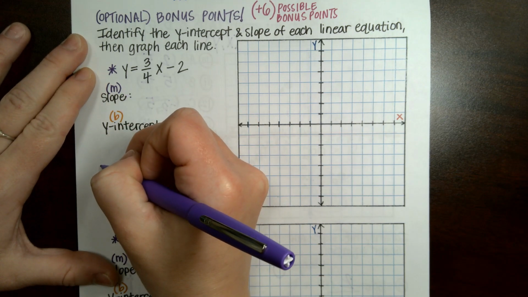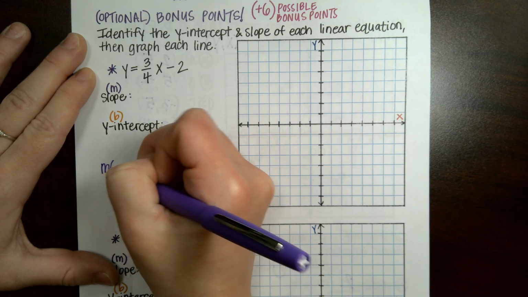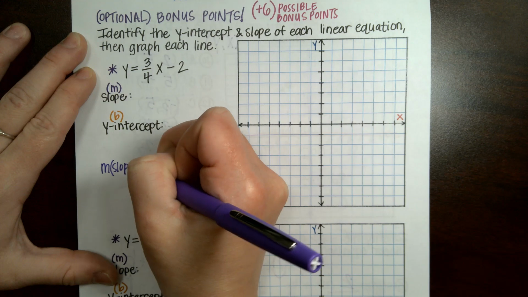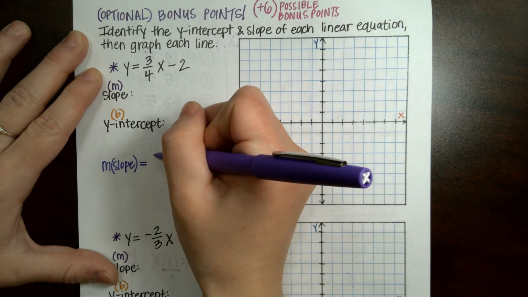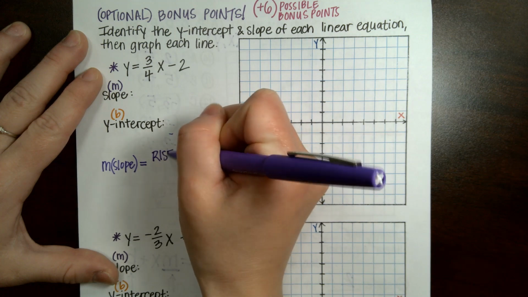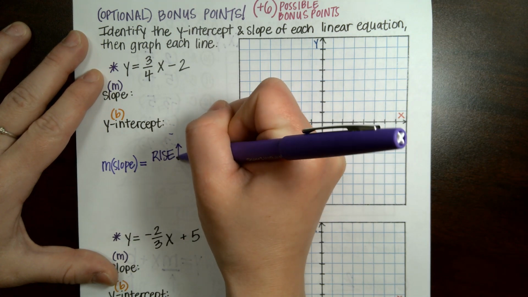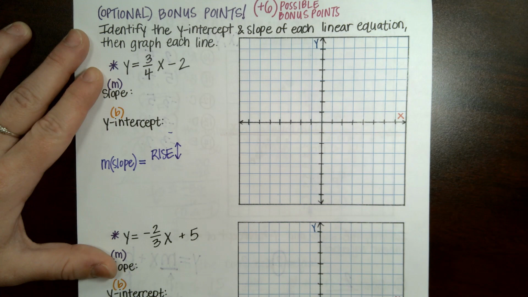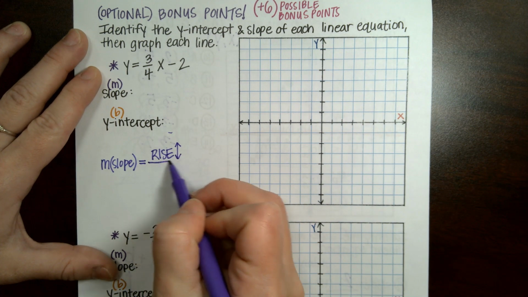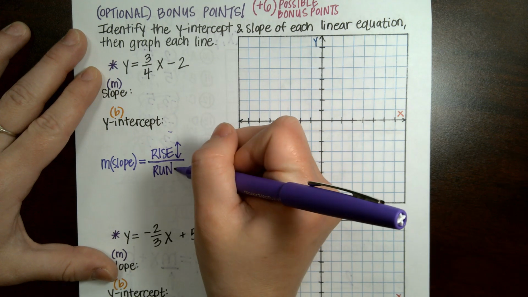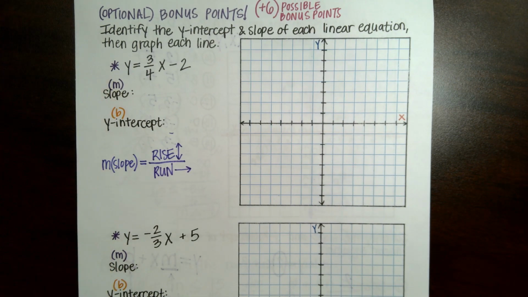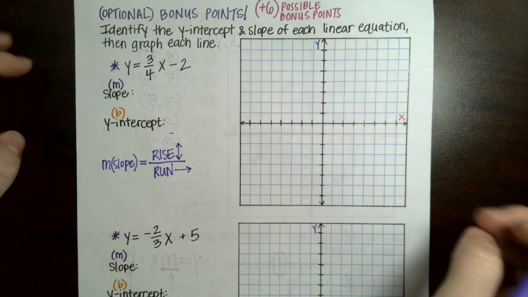I'm going to write M for slope equals rise, and I'm going to draw an arrow up and down so we remember that means up or down depending on if it's positive or negative, over run. And our run always goes to the right. Okay.